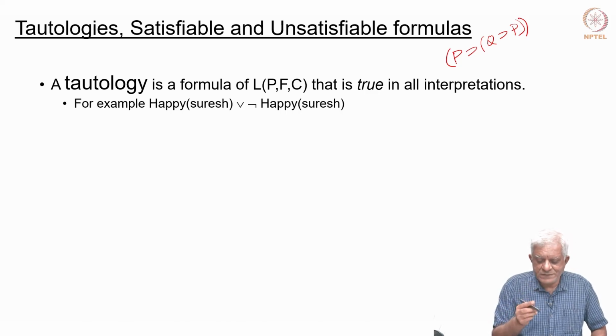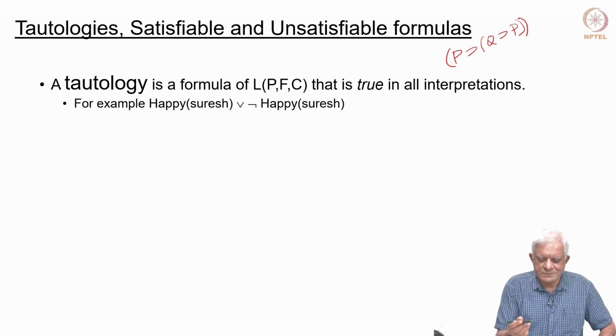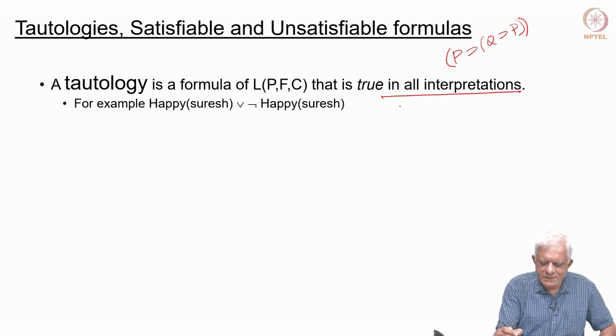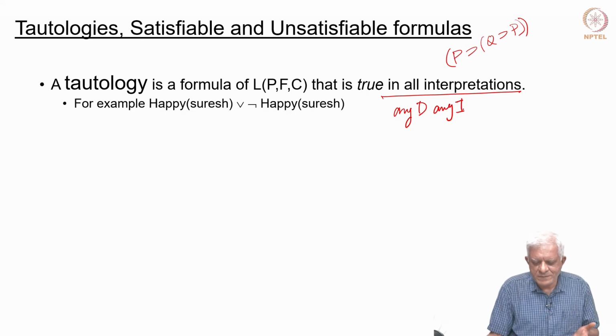What we are saying in first order logic is you give us any model, any interpretation, any domain and any mapping, and this formula will be true. So, it is true in all interpretations, which means any D, any I, you choose this thing and this formula will be true.